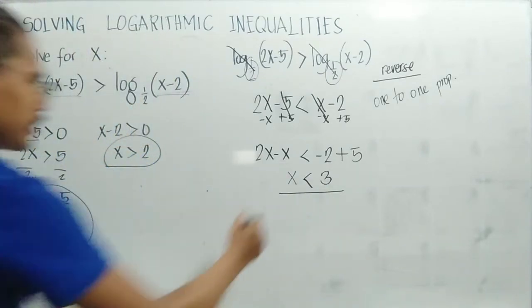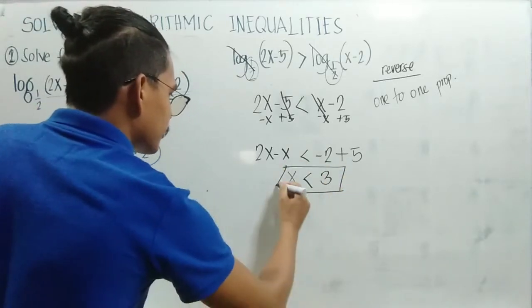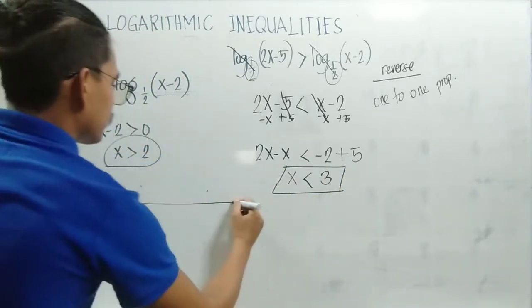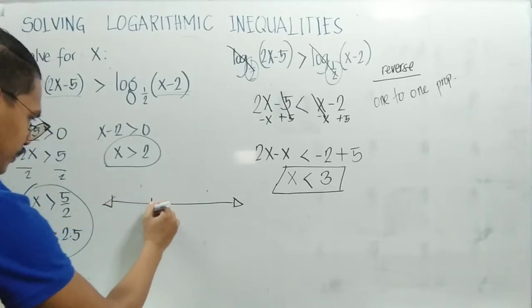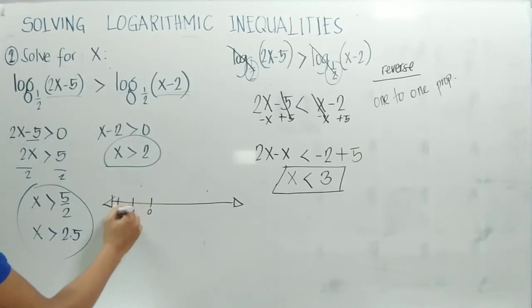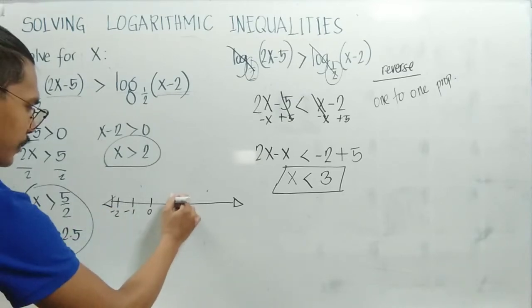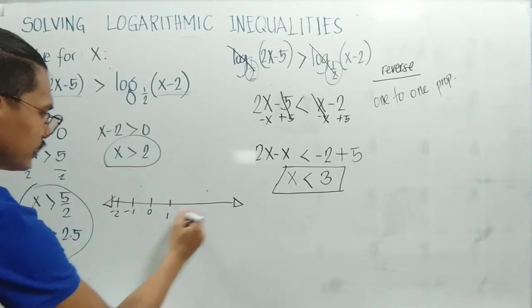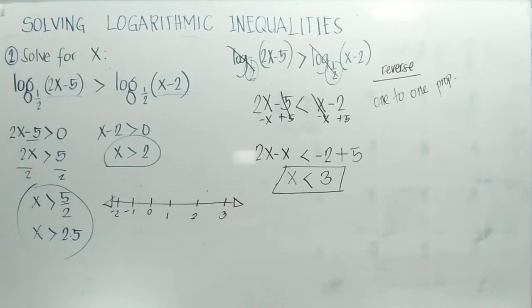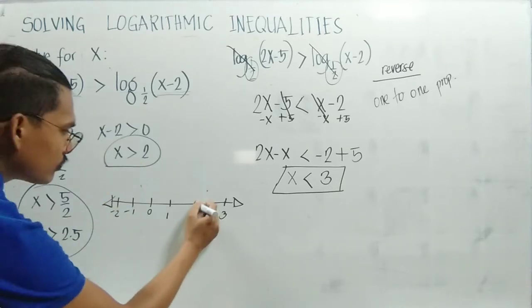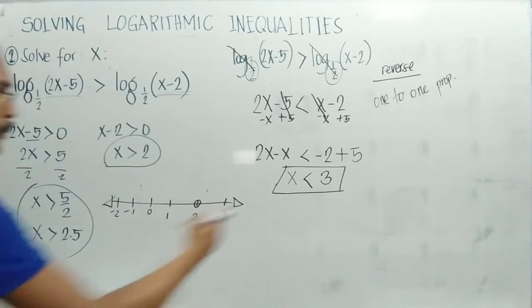Okay, so checking these values on a number line for us to be sure. So for example, here we have 0, negative 1, negative 2, and so on. So we have here 1, 2, and 3, and so on. So we have here the value of 2.